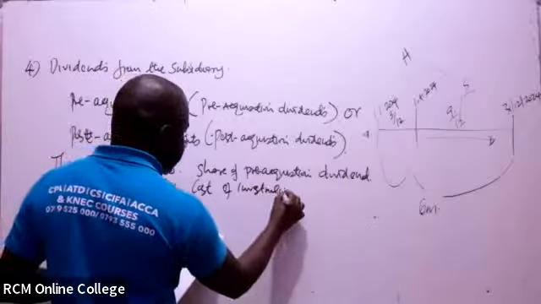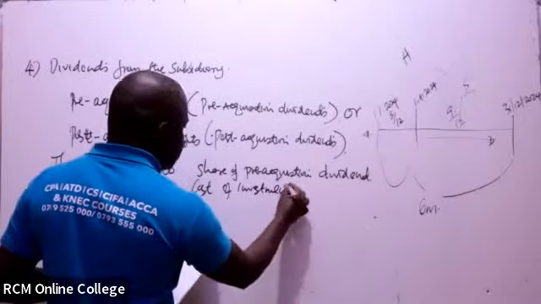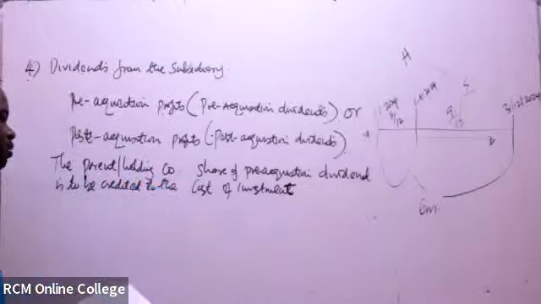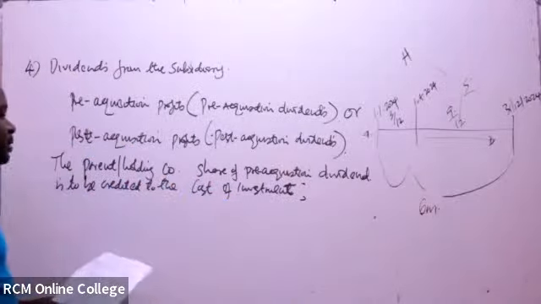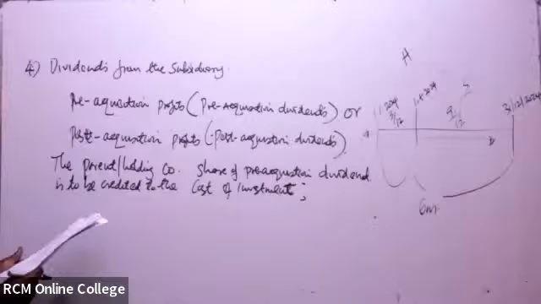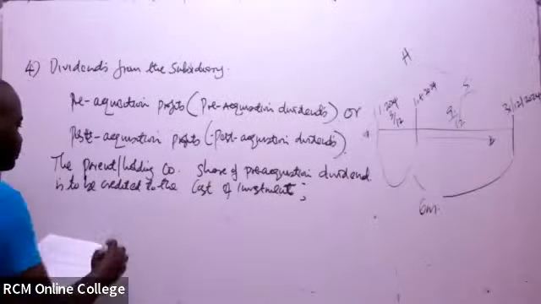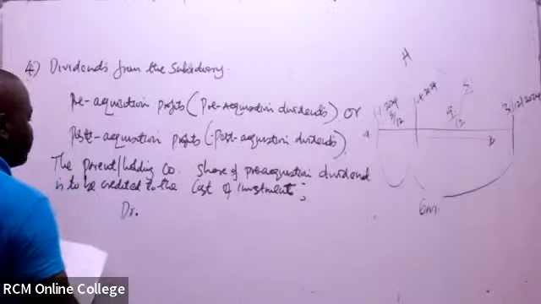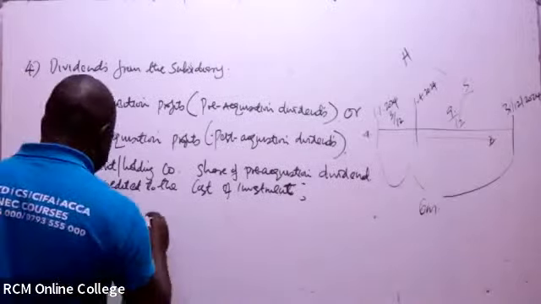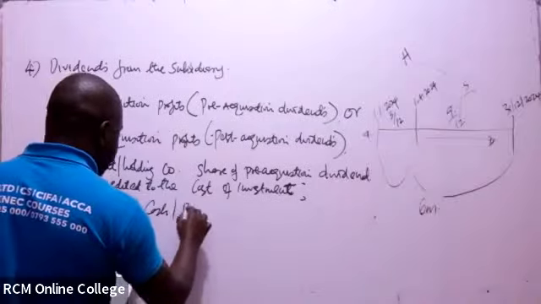So this simply means you put a semicolon. This simply means this is what will happen. You'll actually in this case debit, because when the holding company receives, they'll debit the cash or bank.